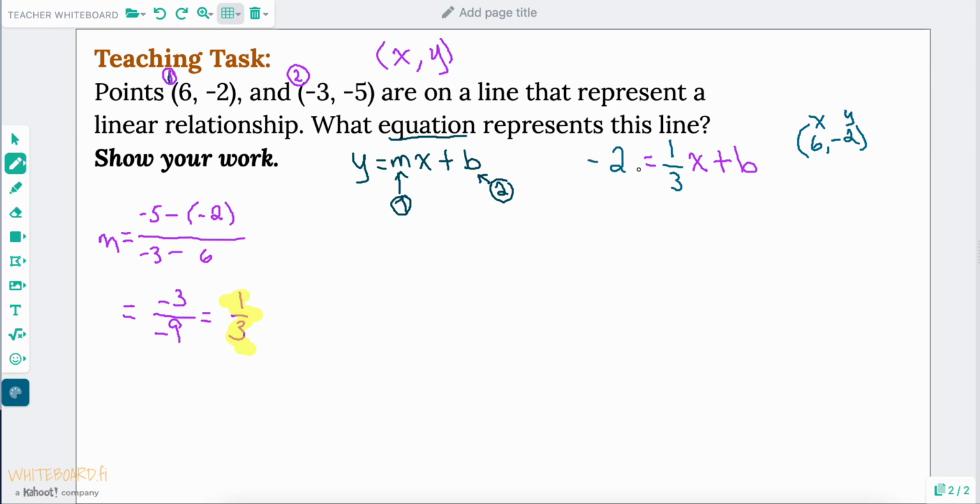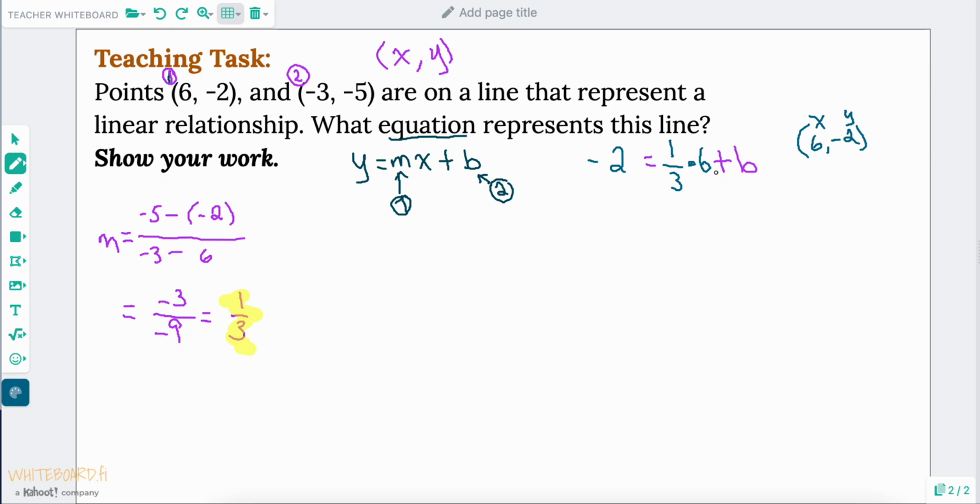So now this equation became -2 equals 1/3 x plus b. So same thing, I'm going to erase this, and I'm going to write instead times 6, because anytime a number is in front of a variable, that means multiply.